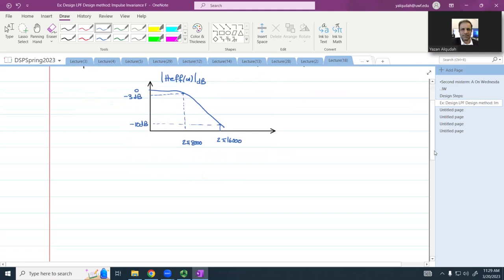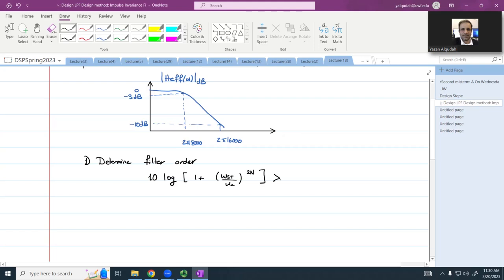Okay. So what is the first step? We're going to design the analog filter. So we're going to determine the filter order. For the Butterworth filter, we take 10 log 10 of 1 plus omega stop divided by omega cutoff to the power of 2n.